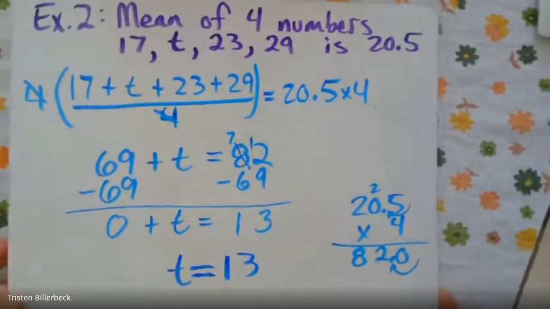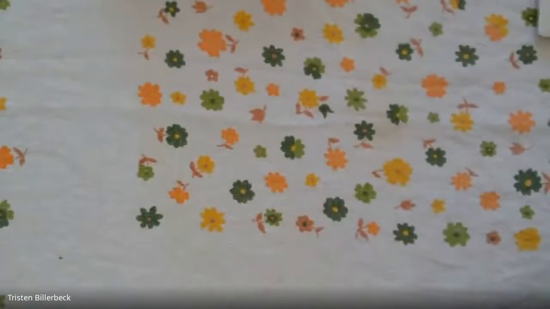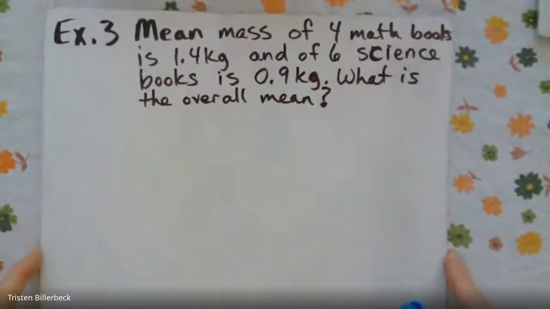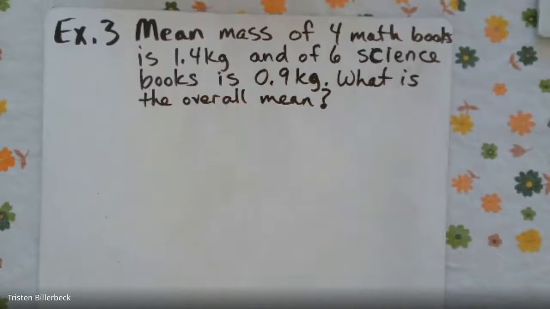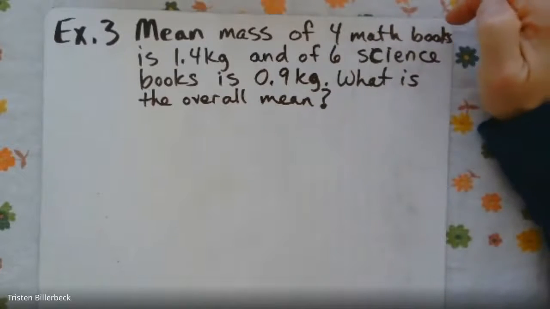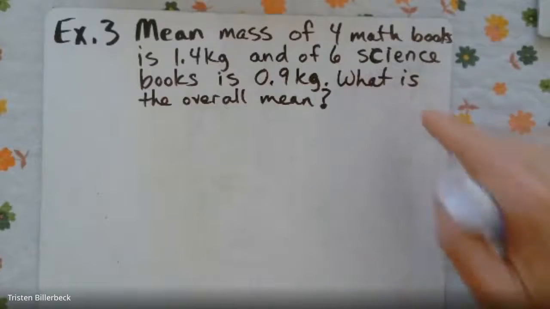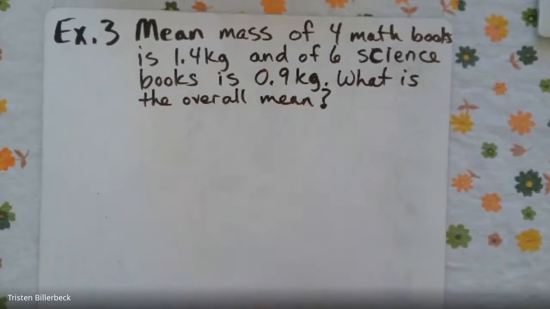Let's do another example of mean. The mean of a mass of 4 math books is 1.4 kilograms, and of 6 science books is 0.9 kilograms. What is the overall mean?